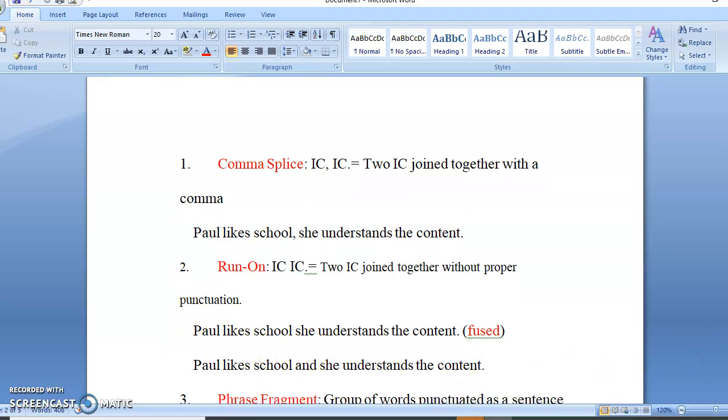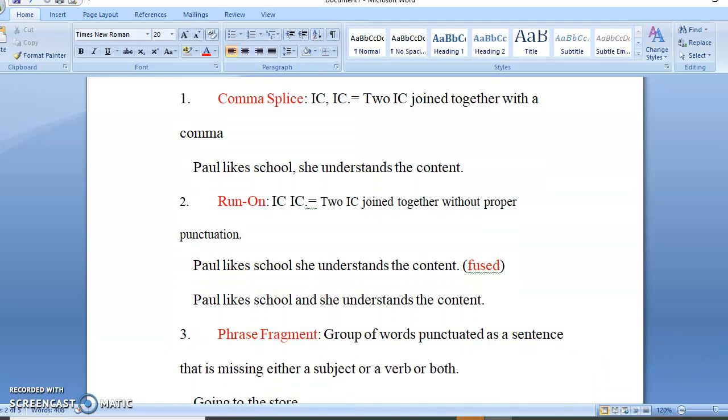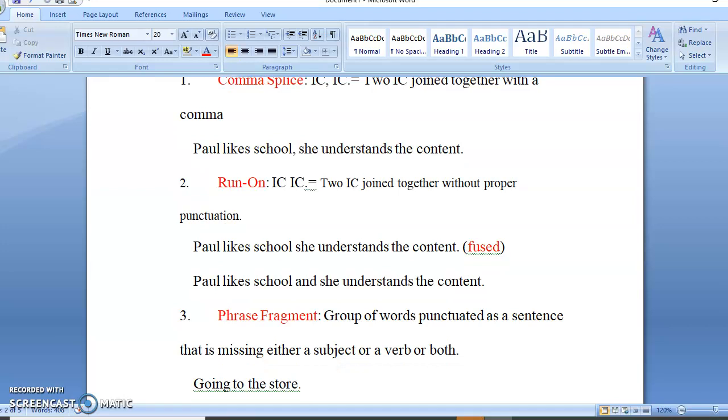All right. The next error is a fragment. Now, remember we talked about the components of a sentence. Well, a phrase fragment is a group of words that's punctuated as a sentence that is missing either a subject or a verb or both. So we have an example where we have going to the store and we put a period at the end.